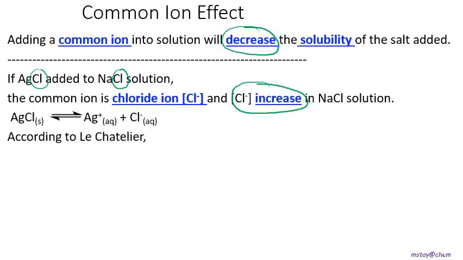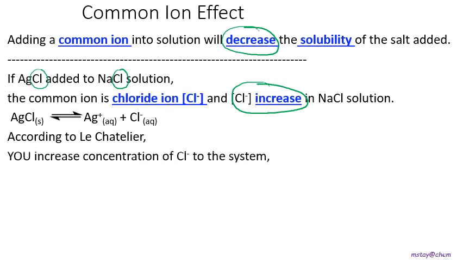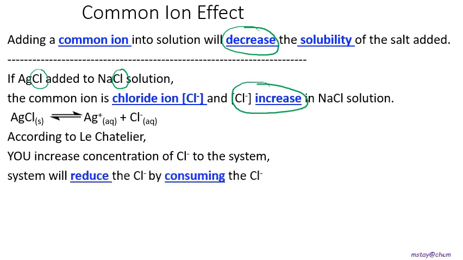According to the Le Chatelier principle, when you increase the concentration of Cl negative, the system will oppose it by reducing the concentration of the Cl negative. How does the system reduce it? By consuming it. So the Cl negative will act as the reactant.